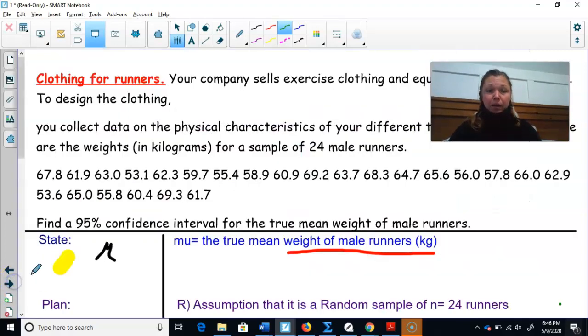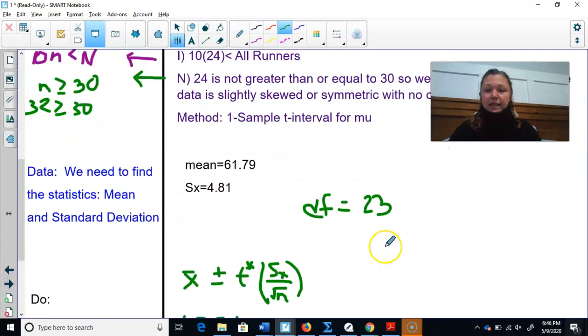2.069. So my T-star right here is 2.069.